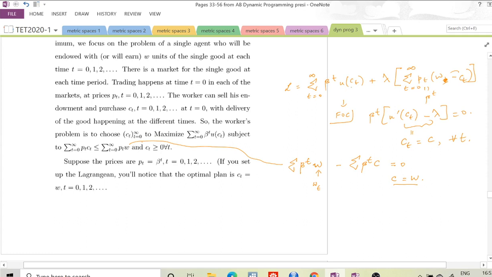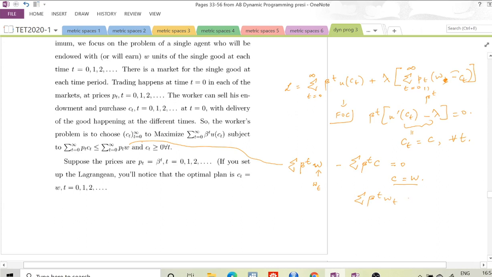And this is just because you're trying to spread your consumption, because of diminishing marginal utility. But then if this is W_t, your c will not be equal to a single W, but it will be equal to the discounted present value of income. And you can show that. So the discounted present value of consumption will be equal to the discounted present value of income.